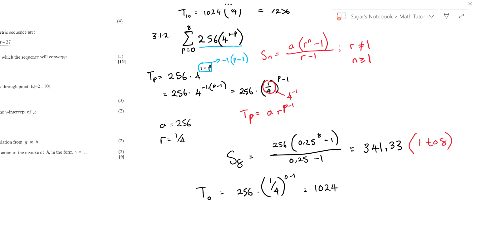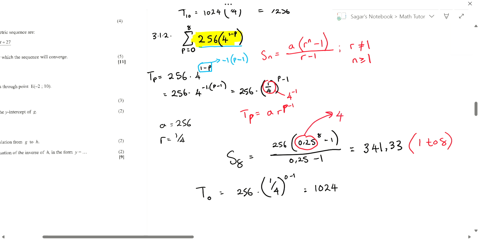So you can see how they catch us here. If we did not standardize this equation, we would just put in R as 4, and that will give us a completely different solution. Imagine having 4 here.